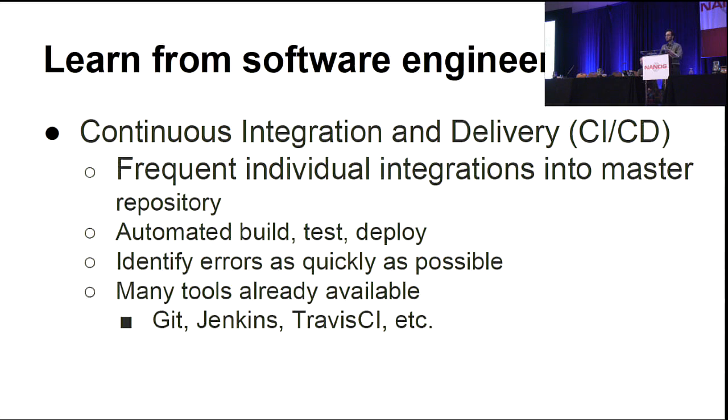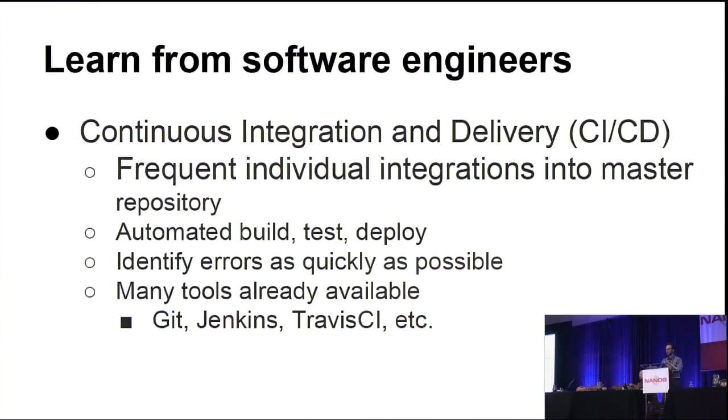And what can we do? We can learn from software engineers. They've been automating for the longest time. They have this concept called continuous integration, continuous delivery, CI/CD. And the idea is there's many people working on the same code in their own little things, and they integrate those changes frequently so that it's easier to deal with problems early on instead of waiting days later when a lot of code has to be merged.